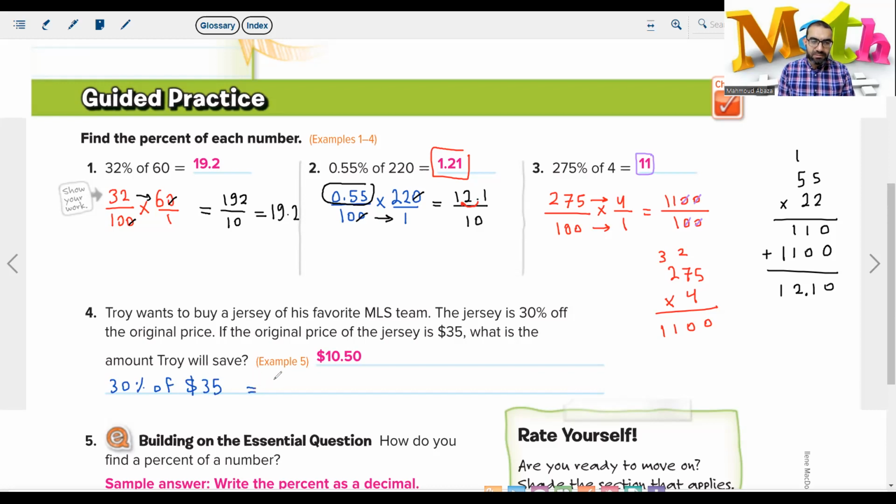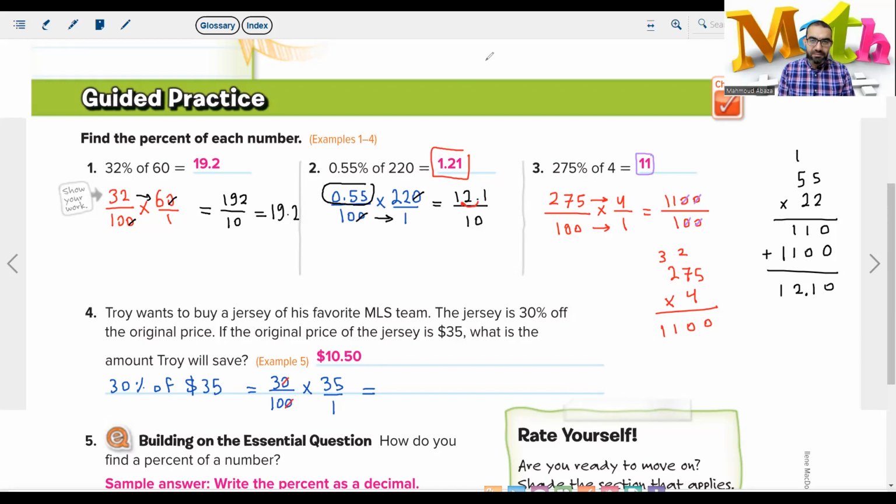So 30% means 30 over 100 multiplied by 35. It's like 35 over 1. I can cancel 1 zero up with 1 zero down.